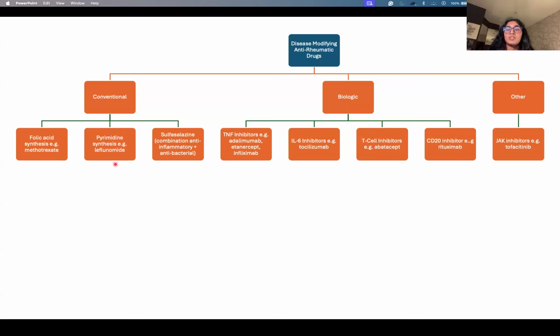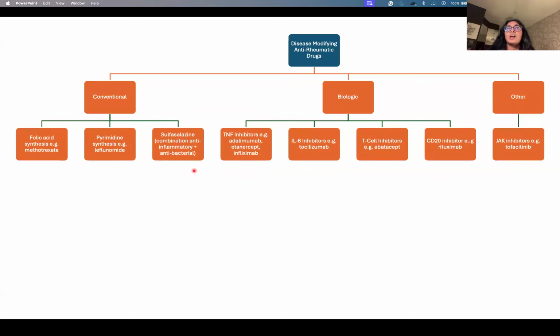So you're immunosuppressed again. Some of the same side effects, immunosuppressive, GI upset, rashes. That's leflunomide. Sulfasalazine, you might have heard in gastro as well, can be helpful. This is a bit of an interesting one. It's both anti-inflammatory and antibacterial.